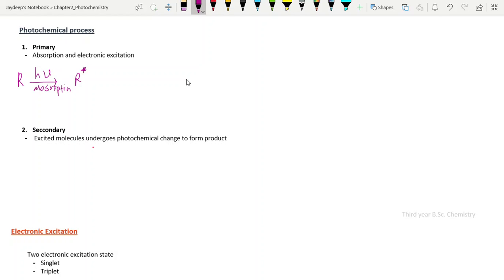The molecule, this is the starting material, when it absorbs the light, goes into absorption and then into the excited state. In the secondary step, that excited molecule undergoes some photochemical changes and forms the products, that's P. Here we are not going to discuss the detailed steps, but we can discuss them when we consider the Jablonski diagram.